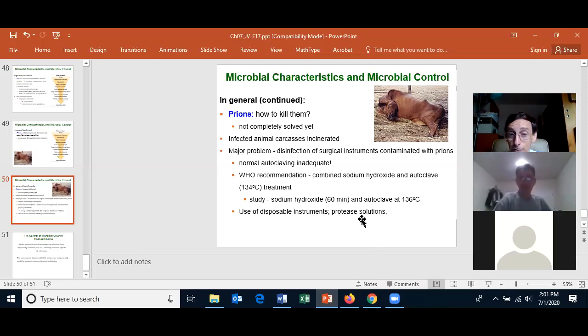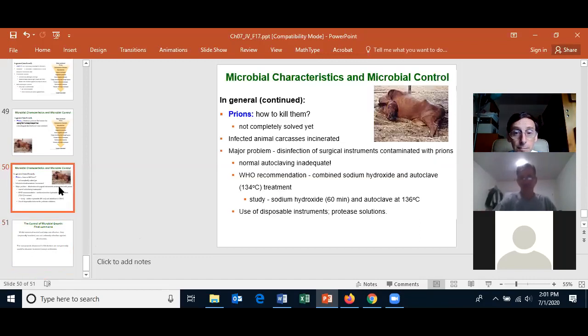So if you treat the surgical instruments with the protease, you can clean them of prions. And that seems to be a solution for treating prions. Any question about that? Because proteases work at, like, 37 degrees Celsius. They're at body temperature.